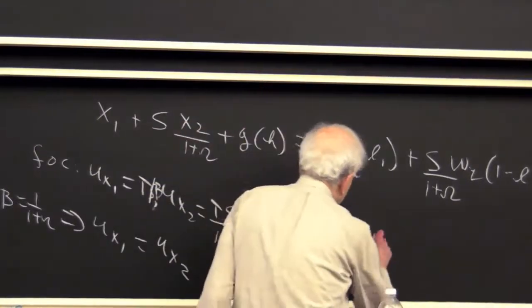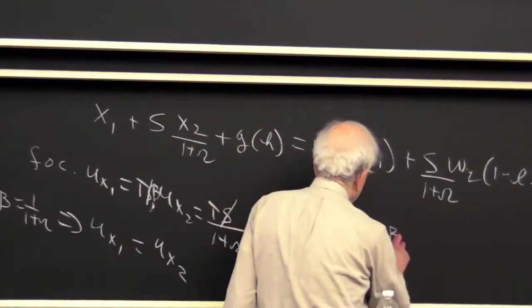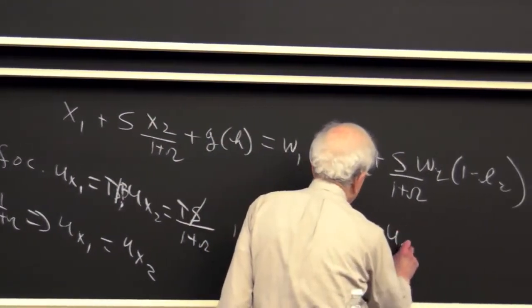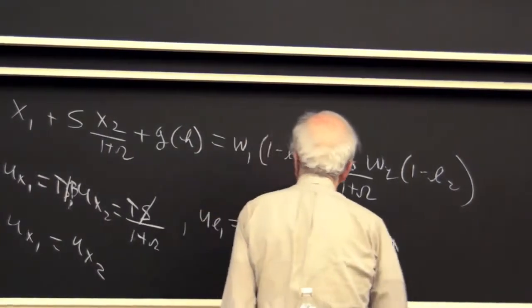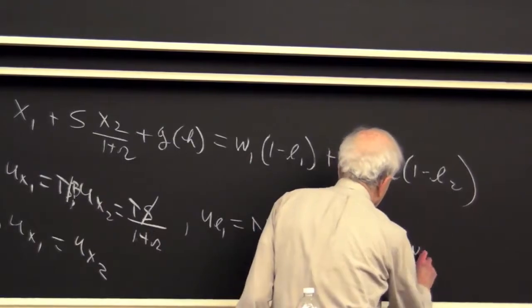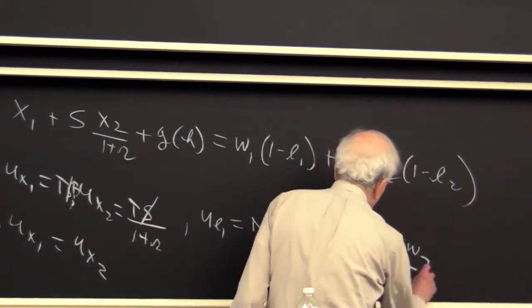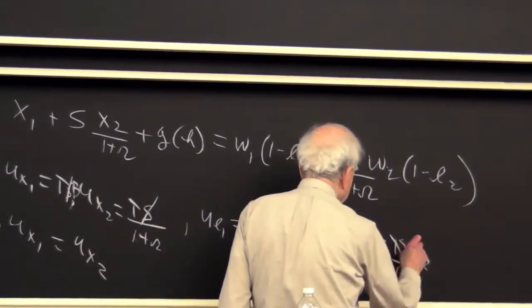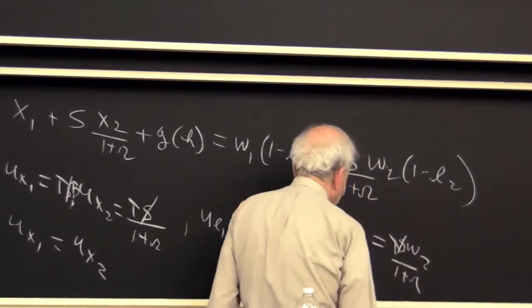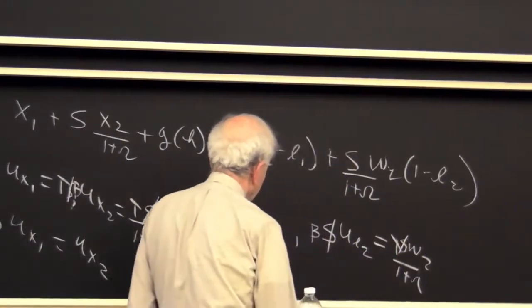And then we would have the same thing for beta S times UL2 is equal to lambda W2 S over 1 plus R. Again, the S drops out on both sides.